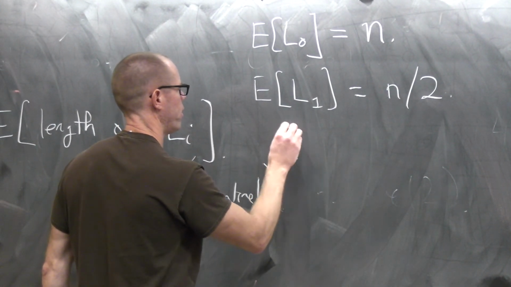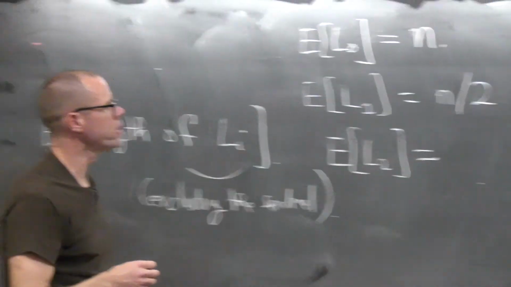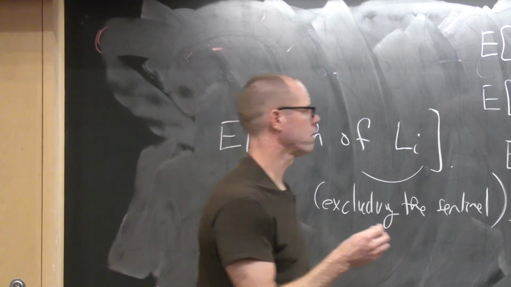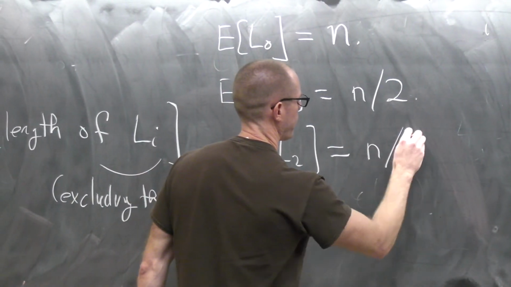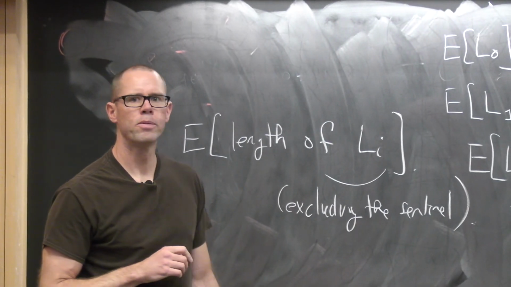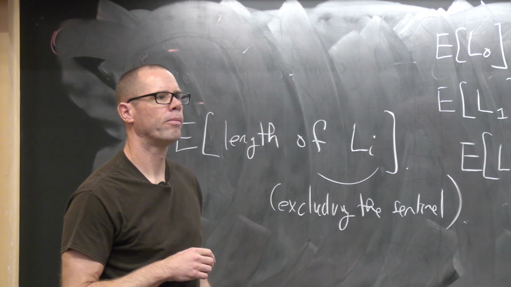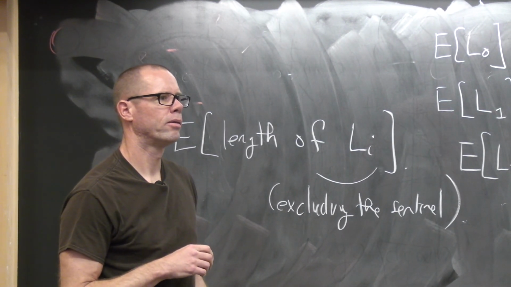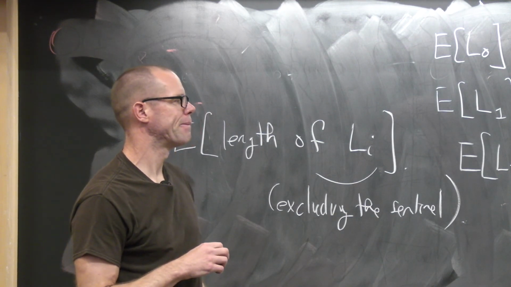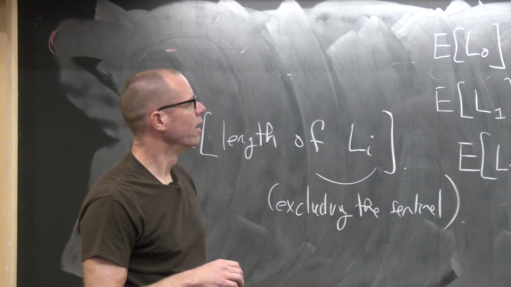Now, what about L2? I think all of you know the answer, unless you've really not been paying attention. But what's the reason? N over 4. So somebody give me some informal justification for that. Well, you can only continue on with the ones that you already have from L1, and you're going to have approximately half of those, so divide that by 2, you get L2.